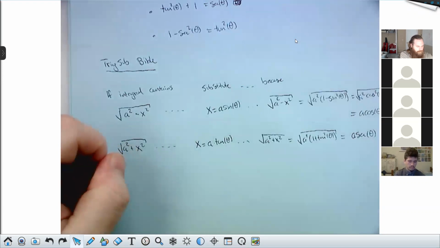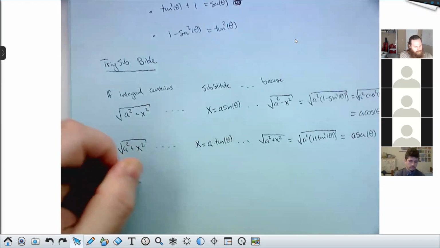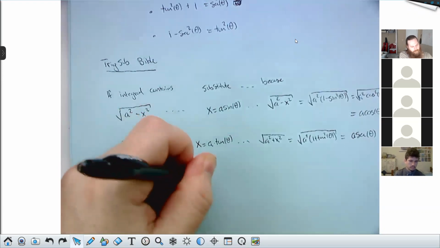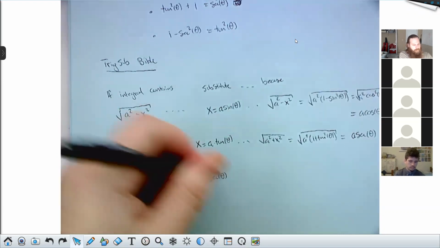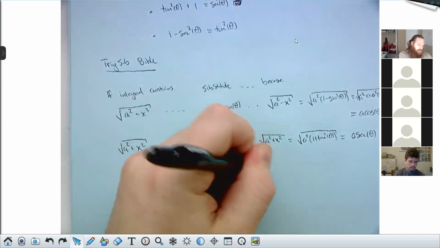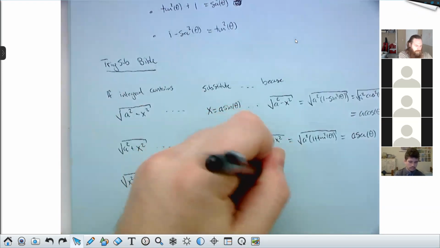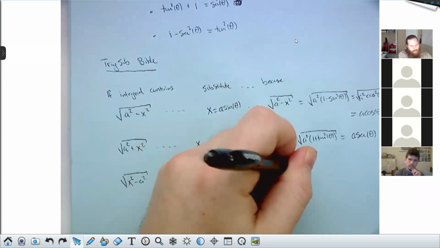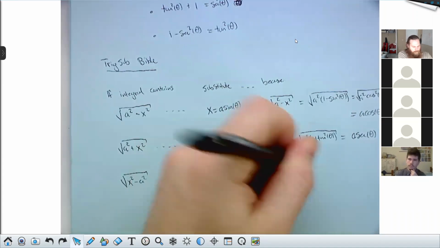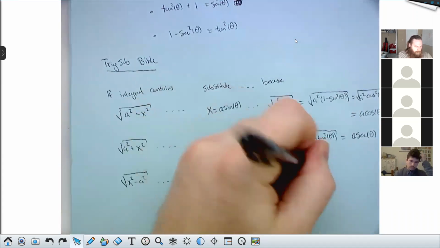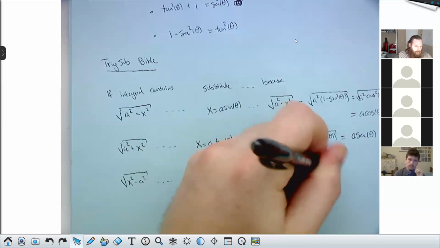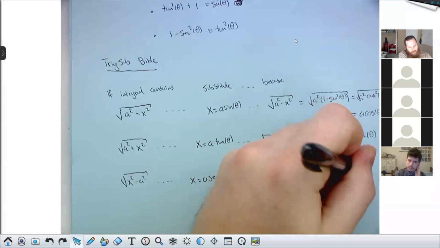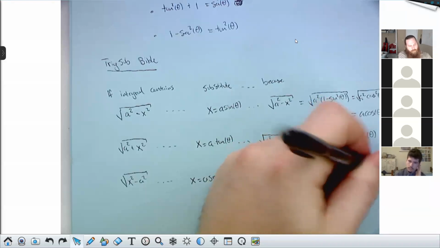And then lastly, if you have the square root of x squared minus a squared, and you substitute x equals a times the secant of theta, then according to the Pythagorean identity, it will become the square root of a squared times secant squared minus 1, which will just simplify to a times the tangent of theta.